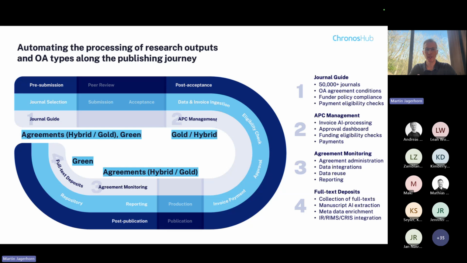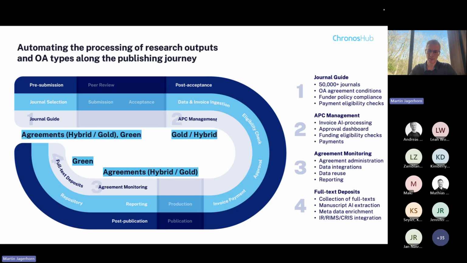So the ambition with Kronos Hub as a platform is indeed to support all these different types of open access, where some modules are really focused on one type and others are trying to support the types more broadly.